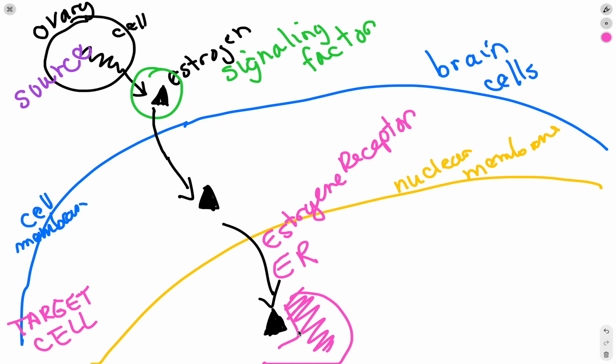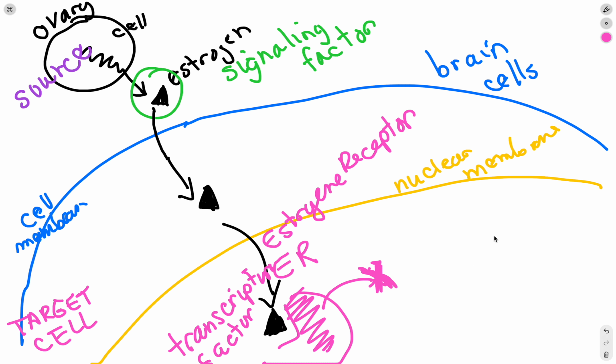And it gets activated when estrogen binds to it. It's a transcription factor. I mentioned that prior to puberty in young girls, and also throughout the life of male vertebrates, the estrogen receptor actually functions as a repressor of transcription.